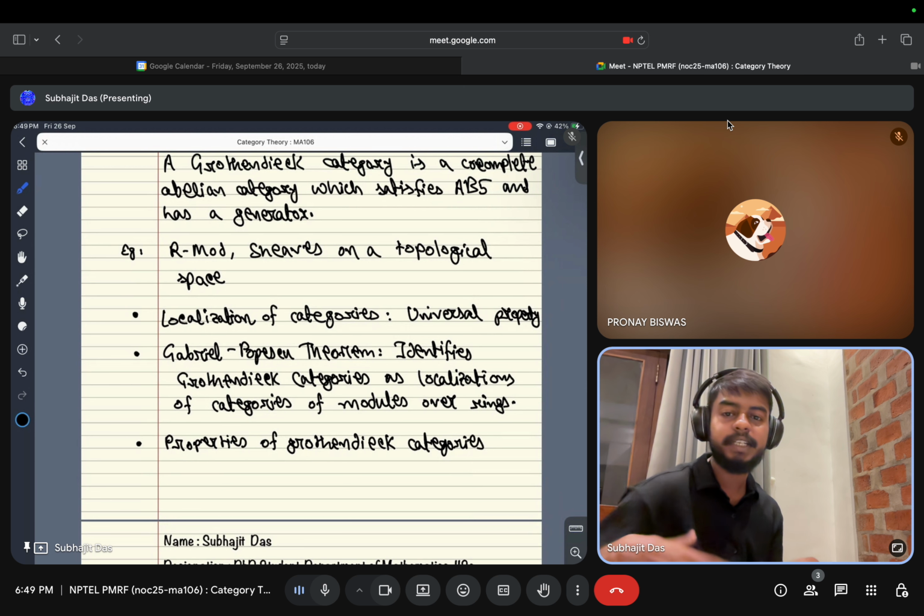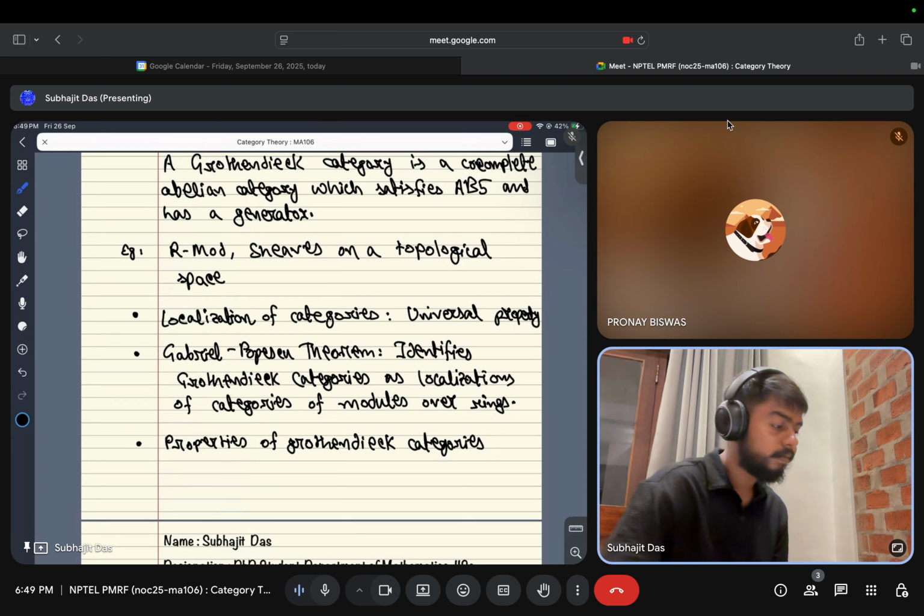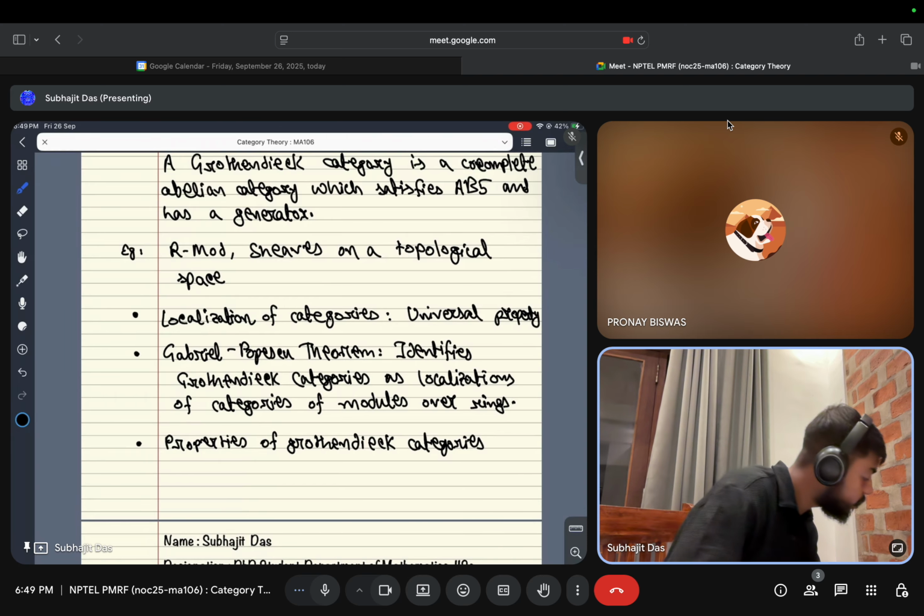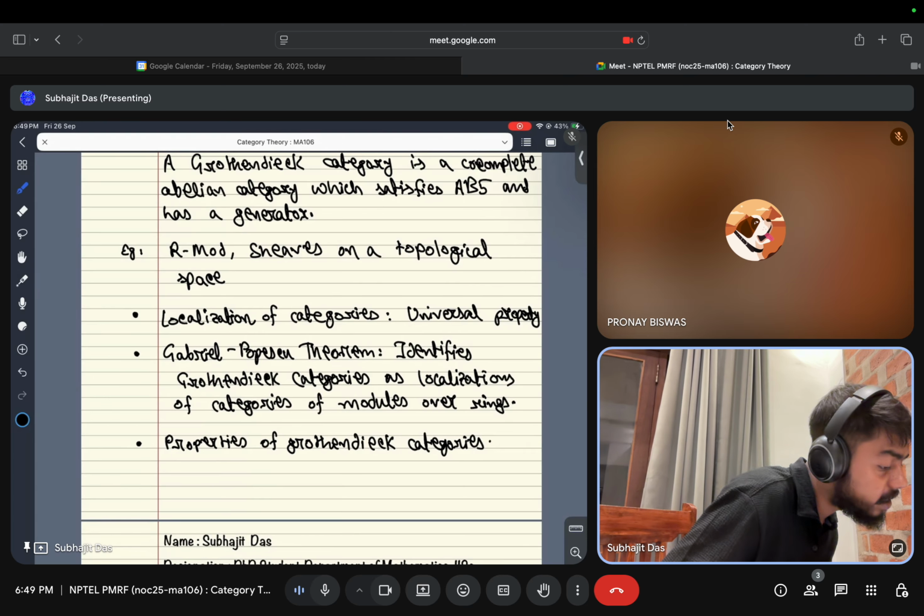These are categories which can be approximated in terms of filtered colimits or direct limits of a special class of objects, which are precisely the finitely presentable objects. So I'll just mention properties of Grothendieck categories.